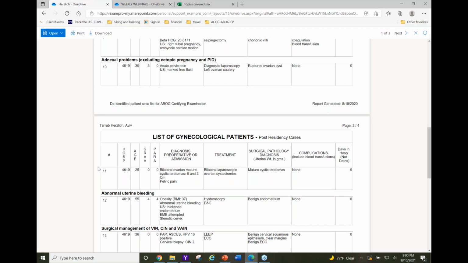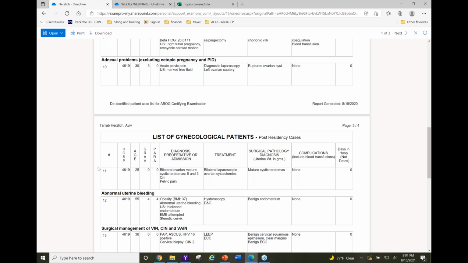Now, is it common for teratomas to be bilateral, like in this case? I think about 20 to 30% will be bilateral. And when you counseled this patient regarding the surgery, were you optimistic that you'd be able to complete it laparoscopically, or did you counsel her that it might require converting to an open case?